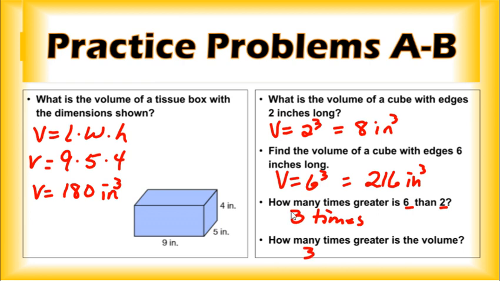And if we're dealing with cubic units, we would have to cube our scale factor, which is 3. 3 cubed would be 27. So the volume is 27 times larger. And we can always check our answer by taking 216 divided by 8. 216 divided by 8 is 27. So it's 27 times larger.